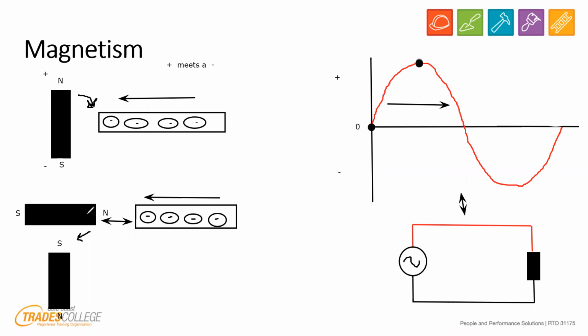So we've gone to 90 degrees and it's moved that way and it's continued to go. But as it's moving away from the electrons, its force now is decreasing. So notice it's still moving in the same direction, but it's now getting weaker and weaker and weaker, until we get to this point.